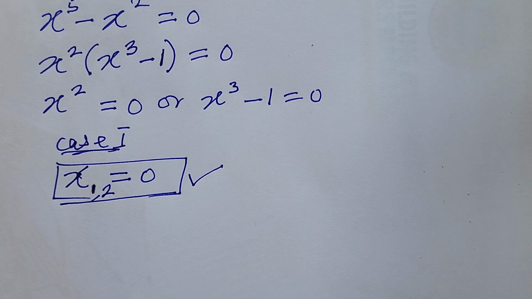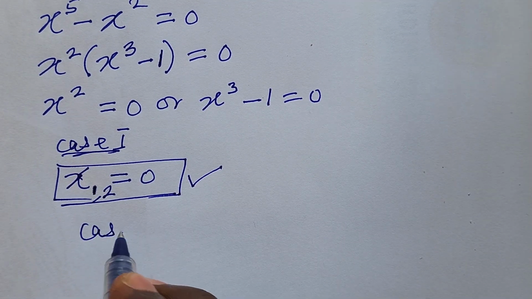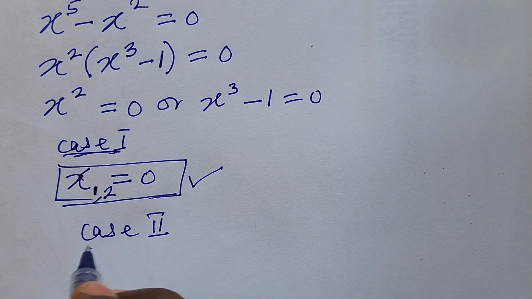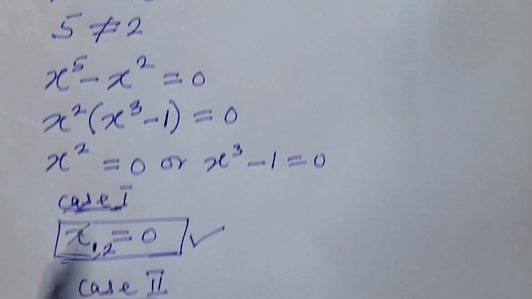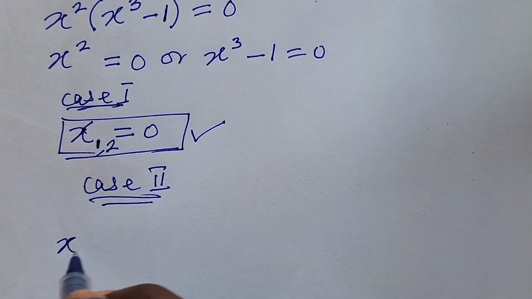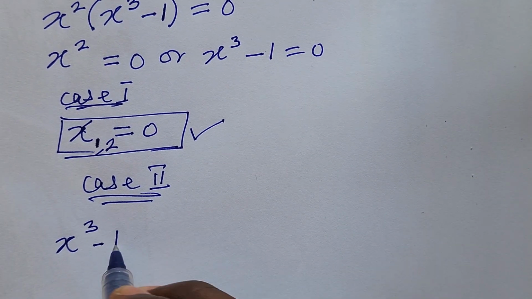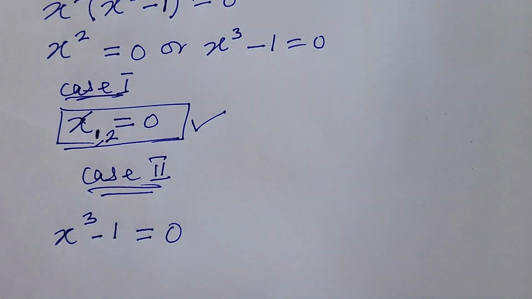So let's look for our case 2. What is our case 2? We're taking this now. So we have here x to the power of 3 minus 1 equal to 0.